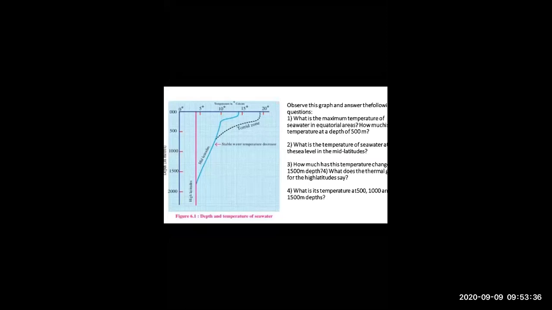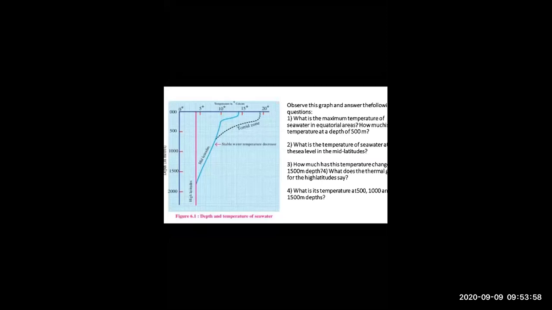So, from the equatorial region to the polar area, the temperature reduces only up to 4 degrees Celsius. Whenever sun rays go from the equatorial region to the polar area, the temperature decreases only up to 4 degrees Celsius.